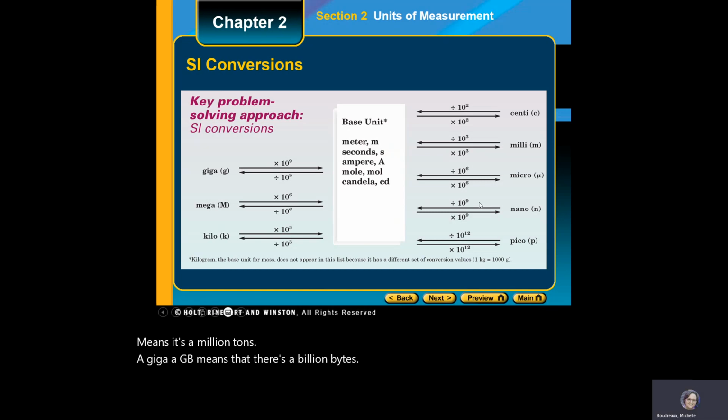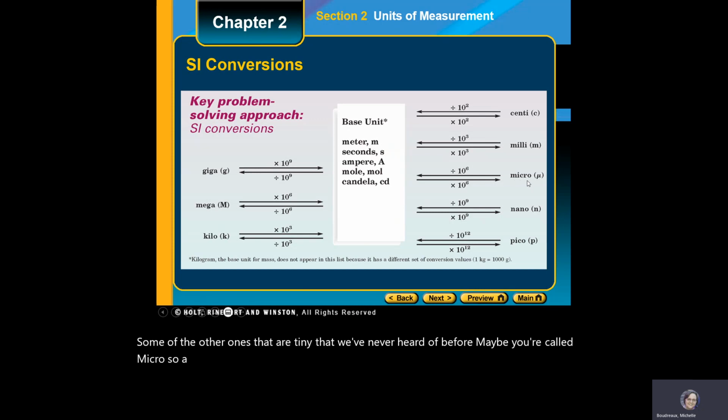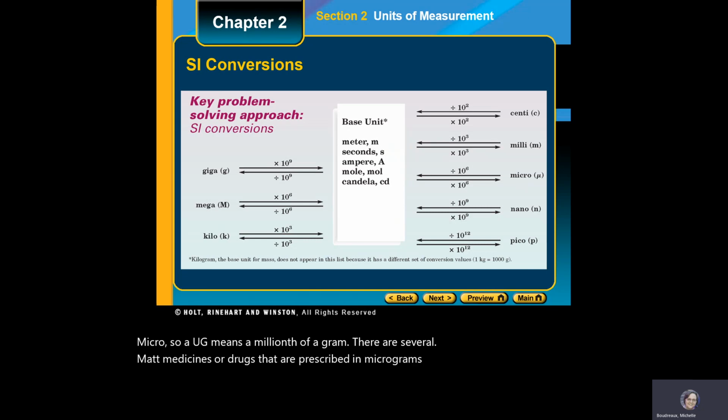Some of the other ones that are tiny that we've maybe never heard of before are called micro. So a microgram means 1,000,000th of a gram. There are several medicines or drugs that are prescribed in micrograms, 1,000,000th of a gram.